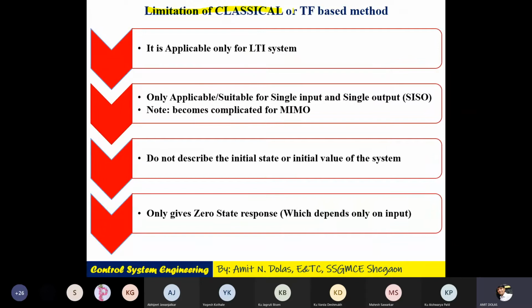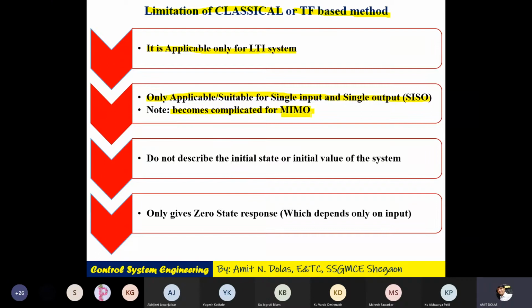Okay, so moving to the next, limitations of the classical or transfer function based method. It is applicable only for LTI systems, only suitable for single input, single output, and becomes complicated for MIMO. That doesn't mean we cannot use it for multiple input, multiple output.